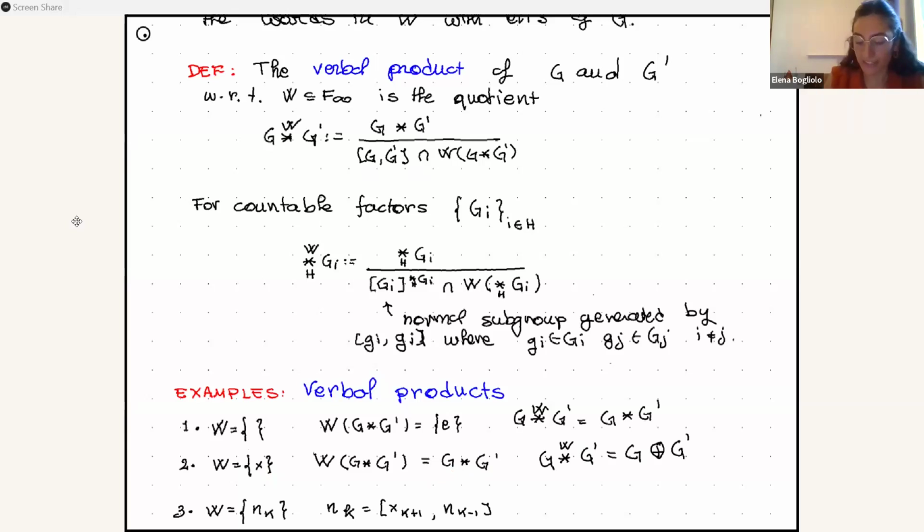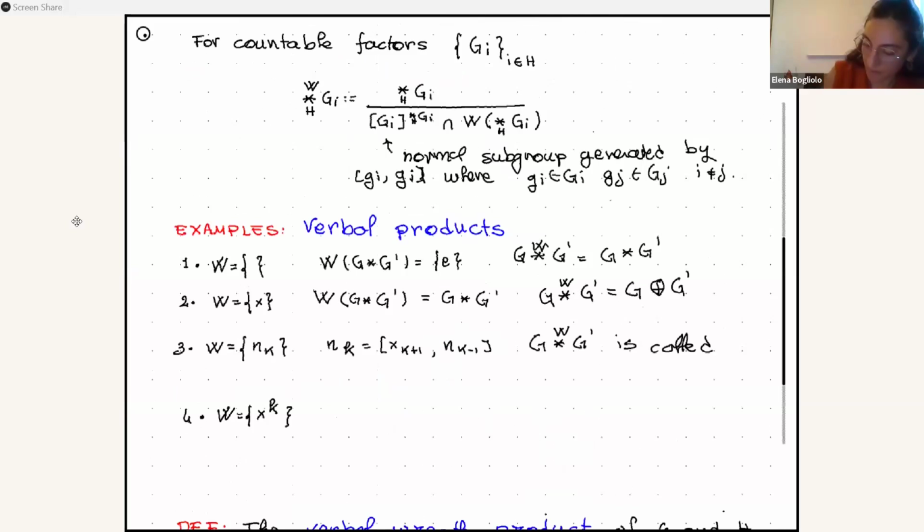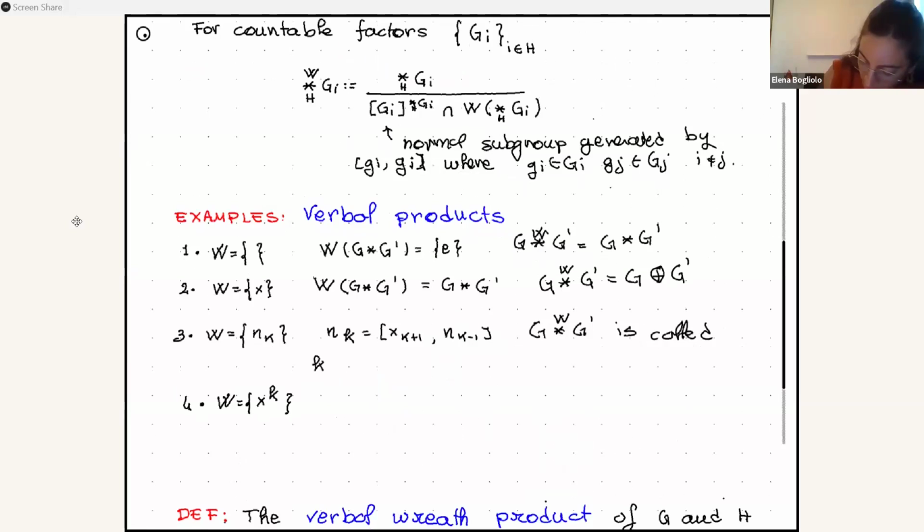Okay, so some less trivial examples. If we consider as W the subset containing just the word N_k, where N_k is defined inductively, then the resulting group is called the k-nilpotent product.